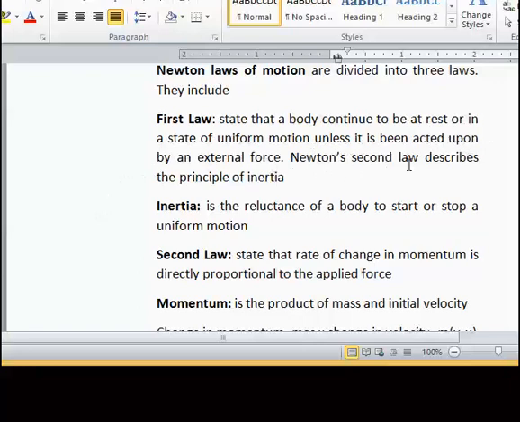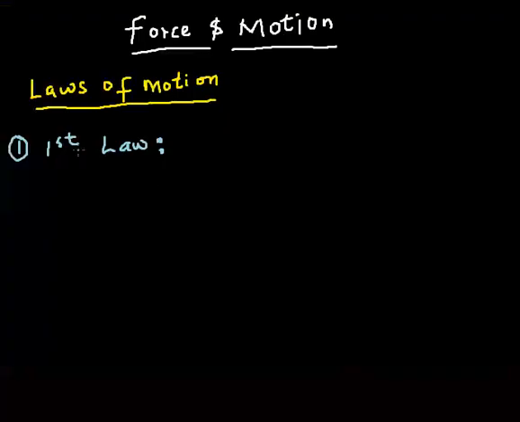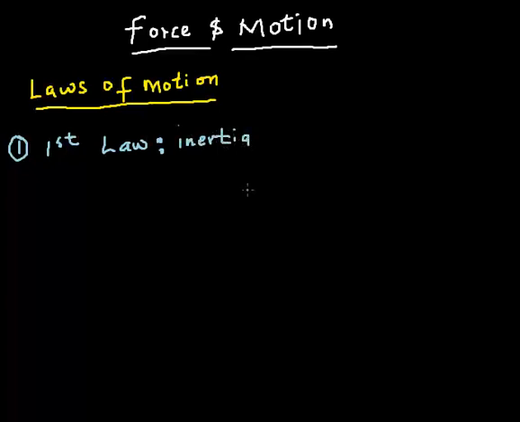Now, Newton's first law describes the principle of inertia. What is inertia? Inertia is the reluctance of a body to start or stop uniform motion. So you can notice that the first law describes inertia, and we say inertia is the reluctance, the word reluctance.